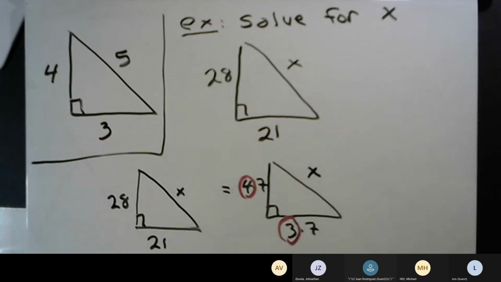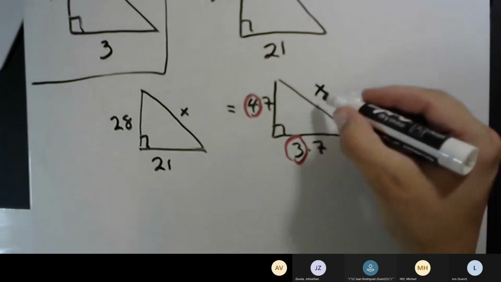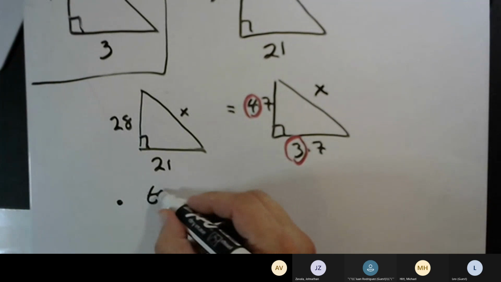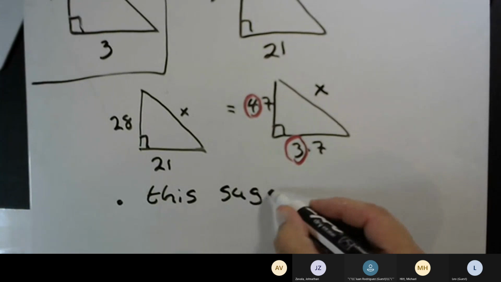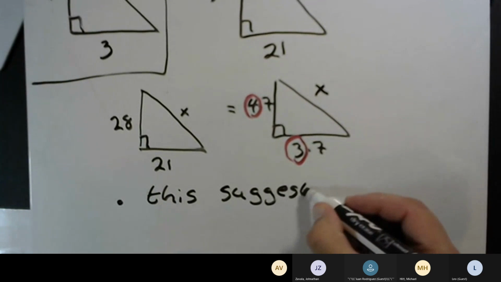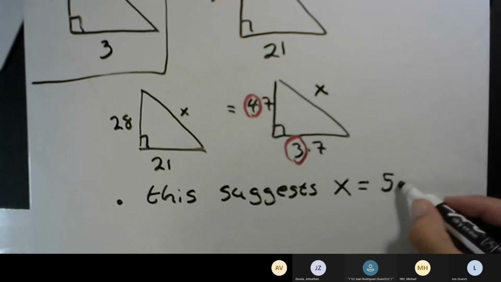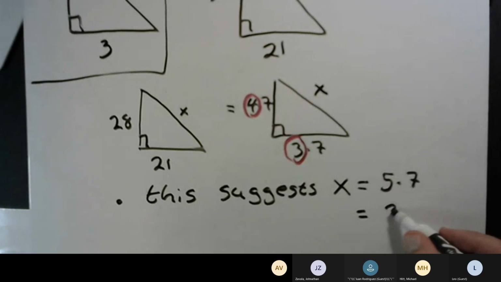We have a 4. So what this does, and since x is on the hypotenuse side, x is 5 times 7, or 35.